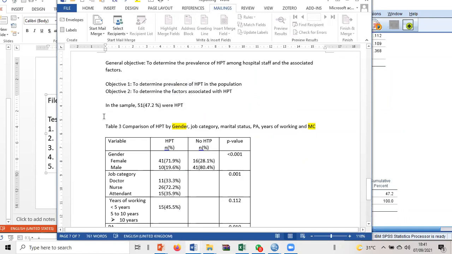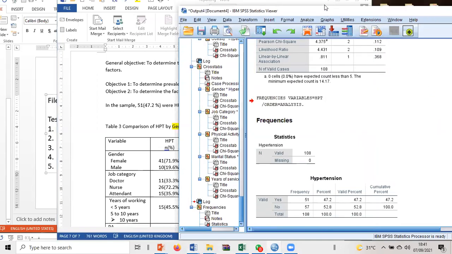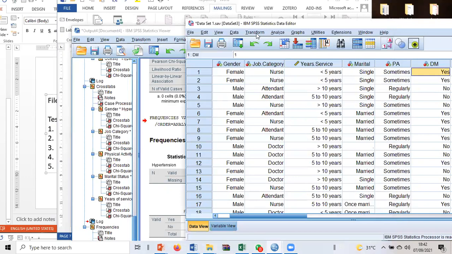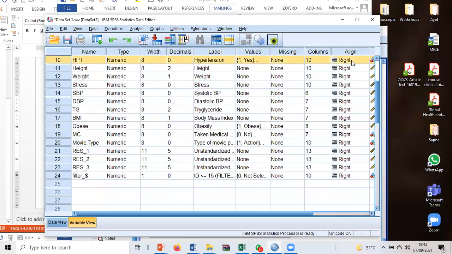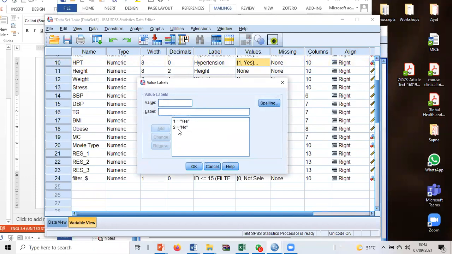But what can you say about the population? We need a 95% confidence interval. How to get this is a bit tricky. We can use a formula and calculate manually. But if I recode this to 1 and 0, currently my hypertension is coded 1 and 2.